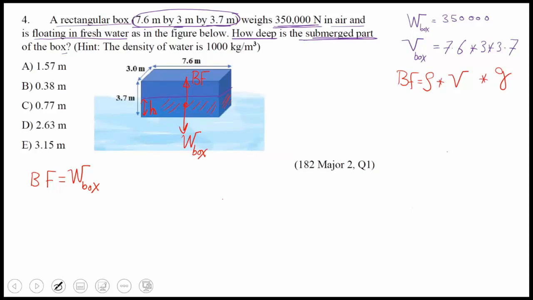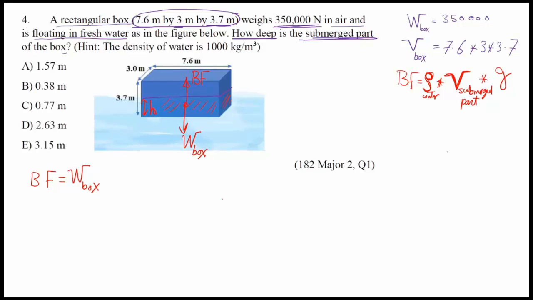You remember this equation? Rho, the density of what? Density of the water, the density of the liquid or fluid. Volume of what, guys? The volume of the submerged part. Excellent.